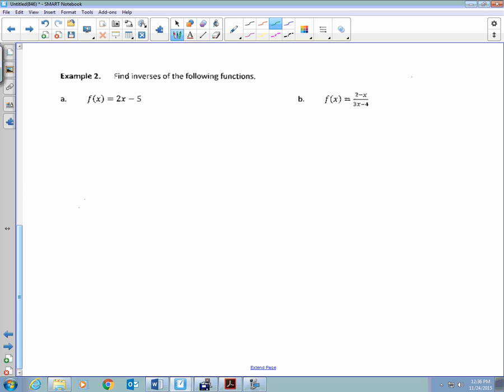It says find the inverse of the following functions. We do so by switching the x and the y values. So instead of writing y is equal to 2x minus 5, I can write x equals 2y minus 5. And then we should solve for y. How do I do that?